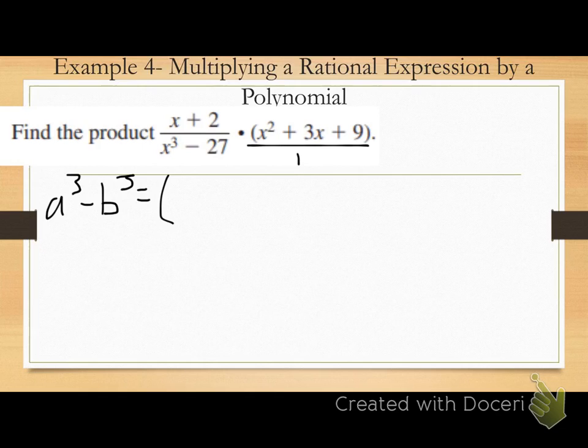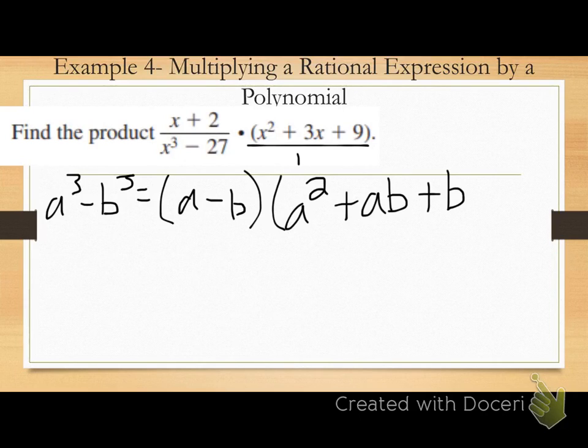A cubed minus b cubed equals A minus b, times a squared plus AB plus b squared. So does everyone vaguely remember our difference of cubes formula from back whenever we were factoring?